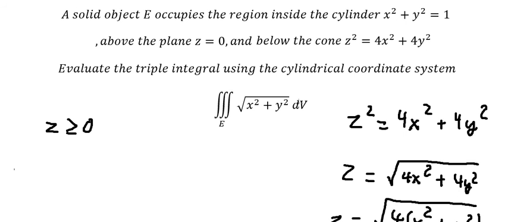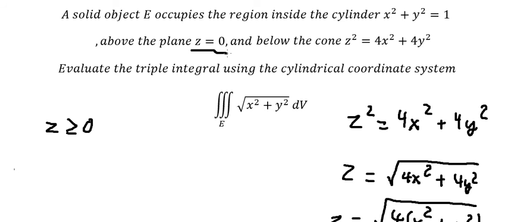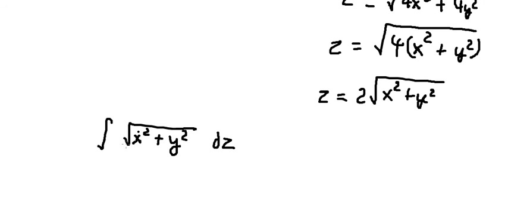And now we can find the bounds of dz. Above the plane z equals 0, so 0 is the bottom, and the top is this one.